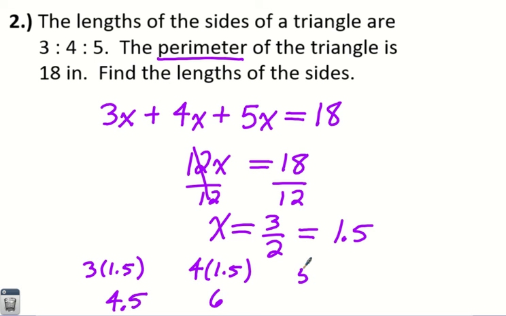And then 5 times 1.5, that should be 7.5. All right, 4.5 inches, 6 inches, 7.5 inches. And that does it.